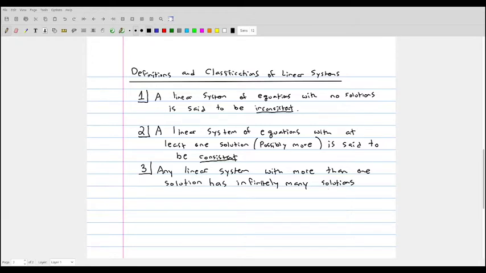In which case, we say that the system is called dependent. And dependent on what, you could ask? It's dependent on the solution set. There's an infinite solution set for all of these solutions. They all lie on some set in some multidimensional space.